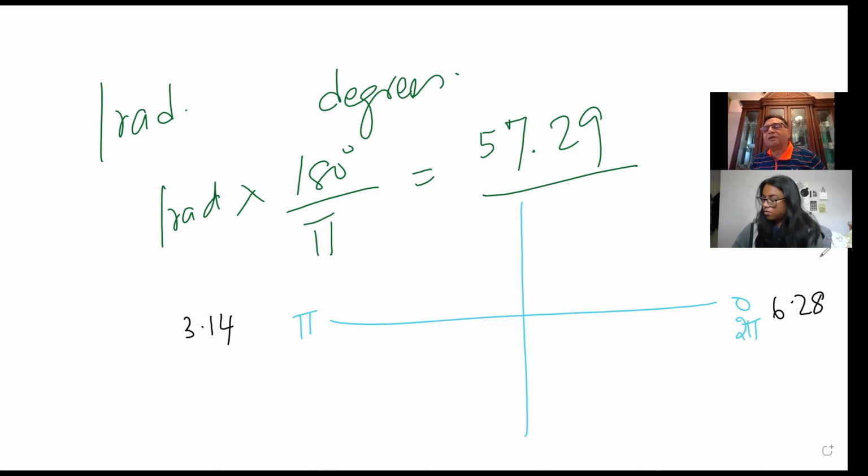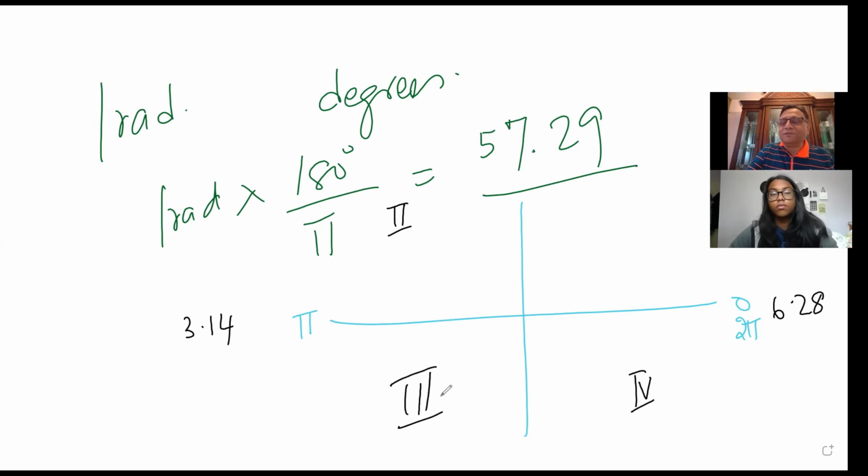So if I say that the measurement of an angle is approximately 5 radians, that means you are in quadrant 4, right? If I say it is like 2 radians, then 120 degrees, you are in quadrant 2. 60 degrees is approximately 1 radian. So remember that. More than 3 radians, let's say 3.5, will be in quadrant 3, correct?